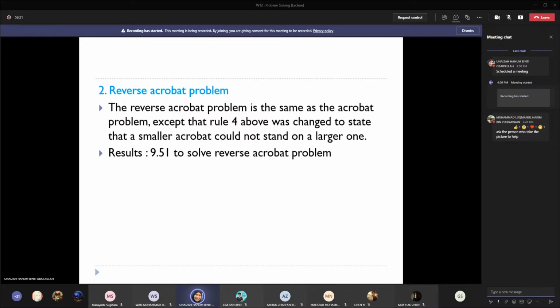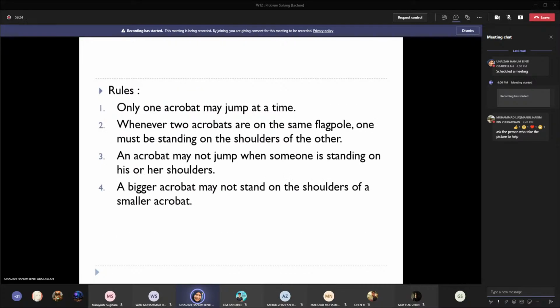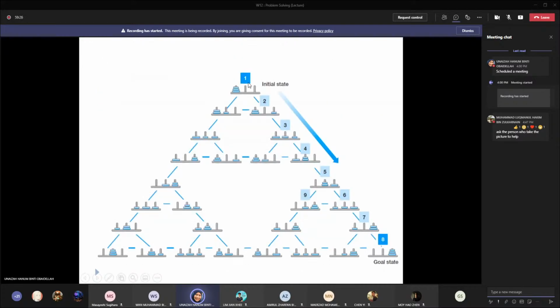Why? Because you now have to consider different rules, and therefore your solution becomes longer because it is less traditional, less common for you. So you have to think of more intermediate steps in between.